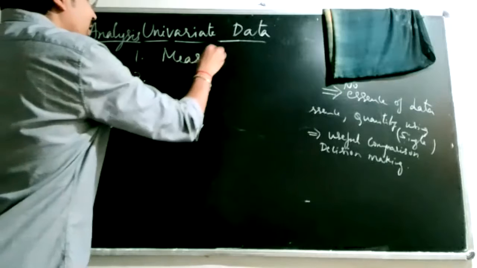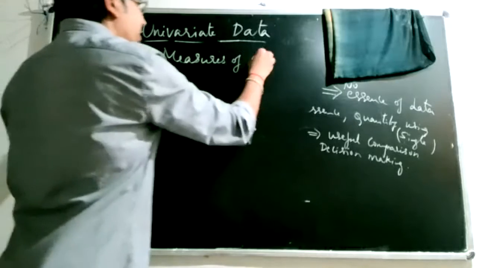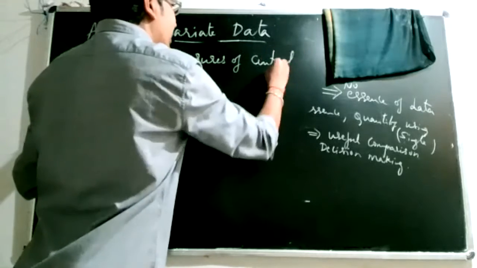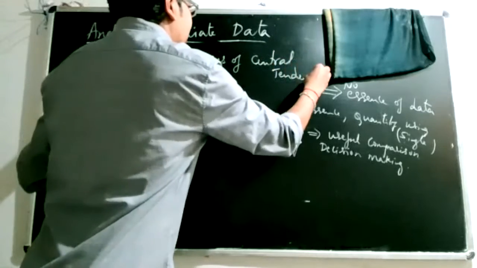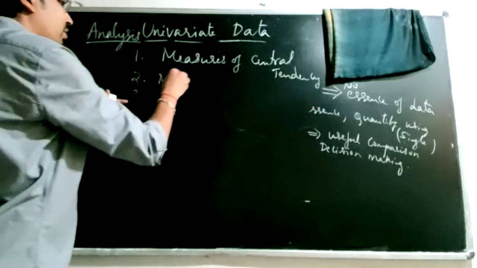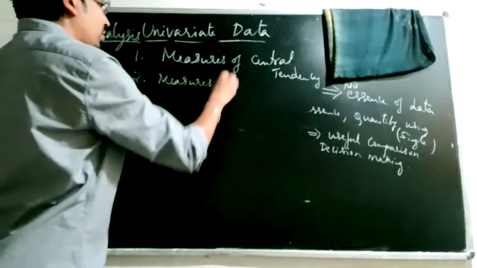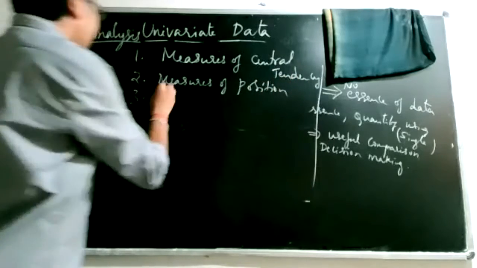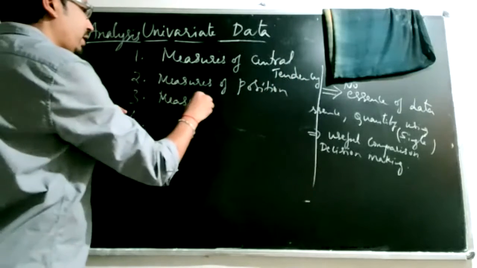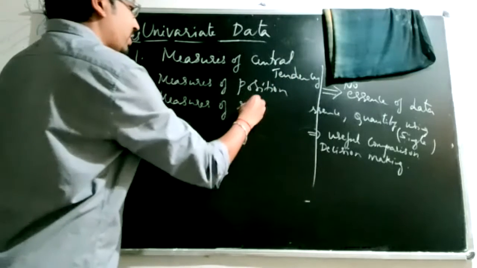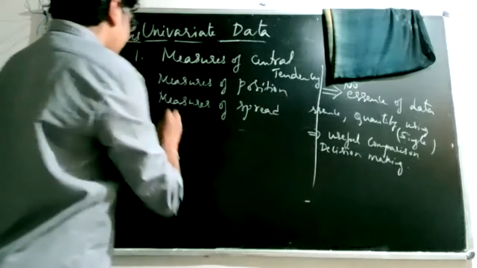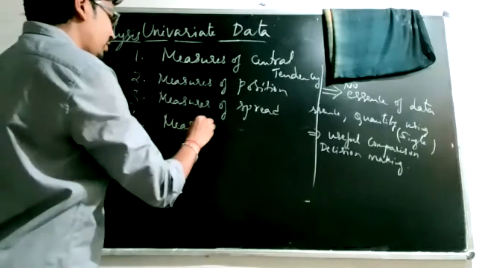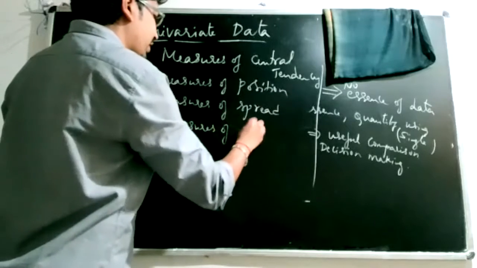The first one is measures of central tendency. Then we have measures of position or location, and then measures of spread or dispersion, and then we have measures of skewness and kurtosis.